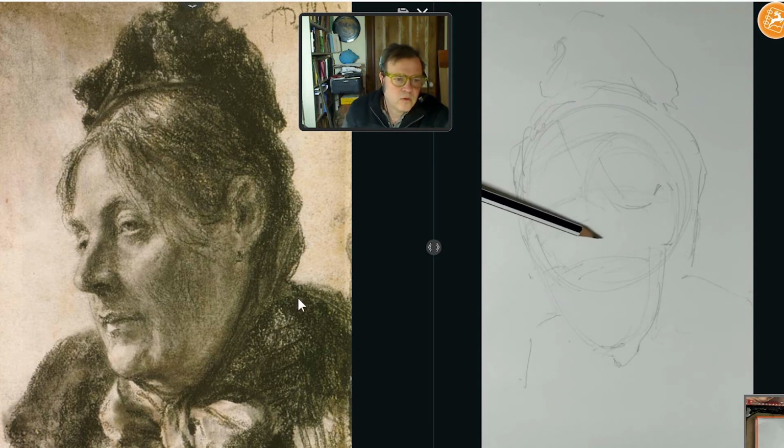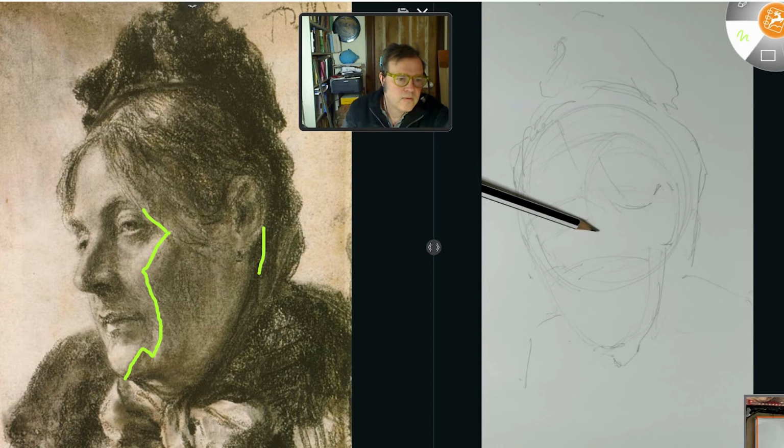Notice that, if I find my annotator here, this main shadow break goes like this. And that's roughly halfway between the brow ridge and the back of the ear.